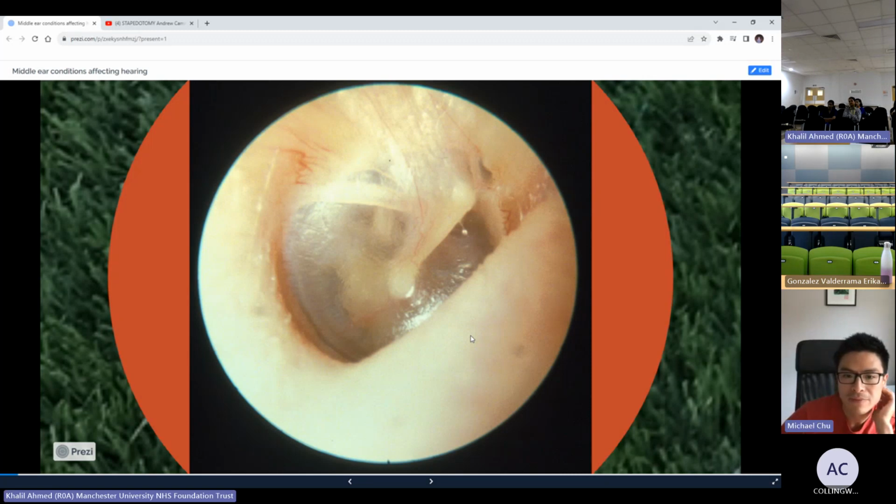Come on, I'm giving you time. Chorda tympani. The chorda tympani, there it is. Lovely, easy chorda tympani there, very prominent. Don't often see it that prominent. Well done. And any other structures you can see in the middle ear?